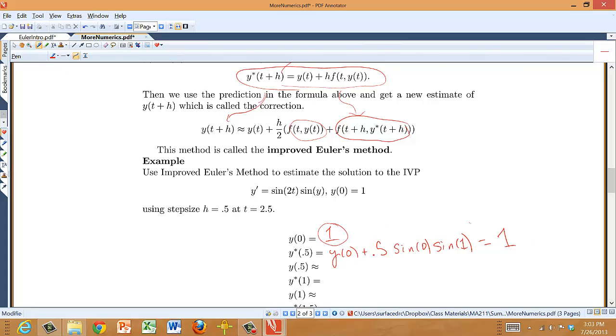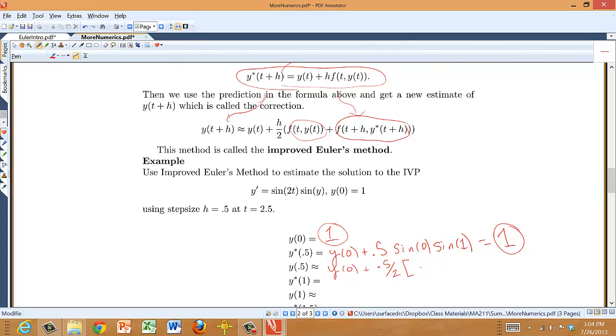Now I have an approximation to y at time 0.5. Now I make a new approximation to y at time 0.5. I say it's y at 0 plus my step length over 2, 0.5 over 2, times y prime at time 0 plus y prime at 0.5.